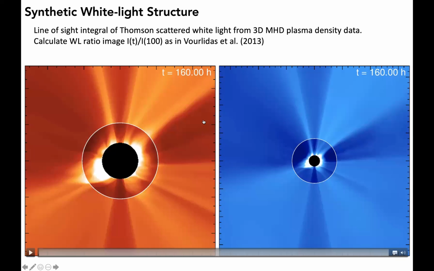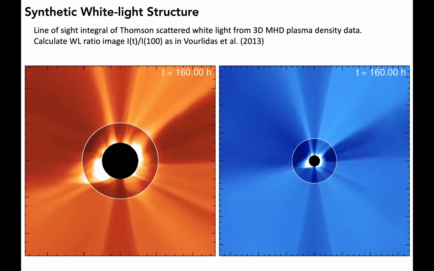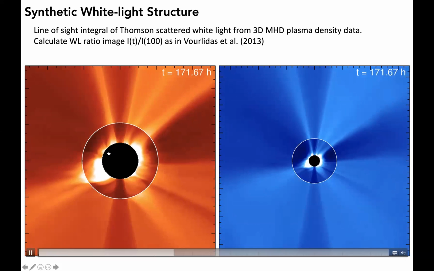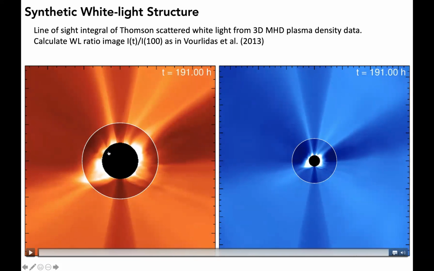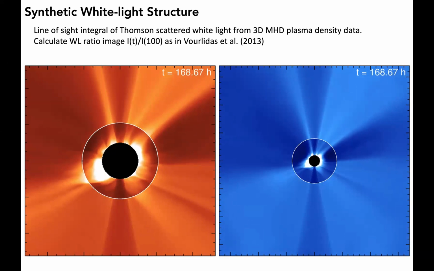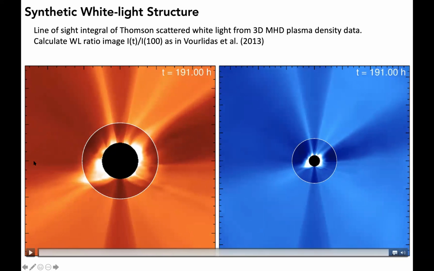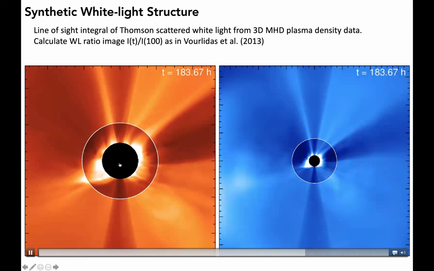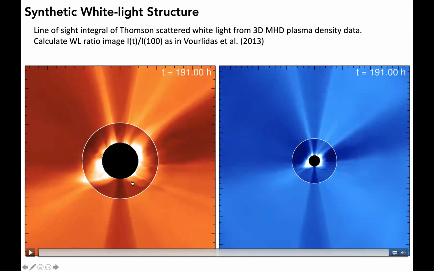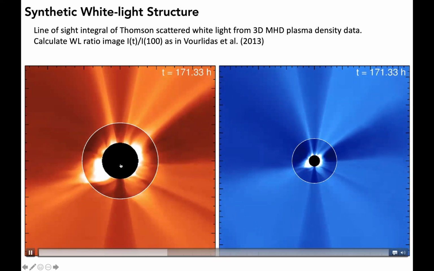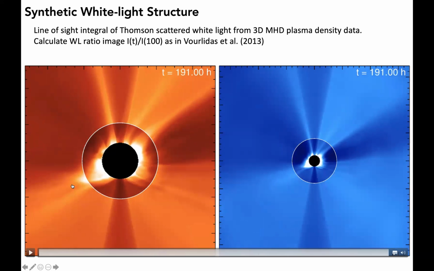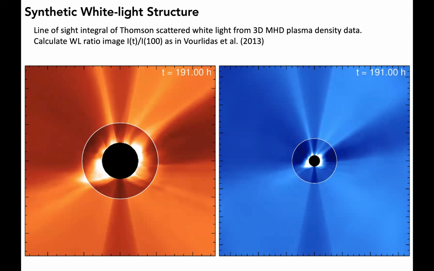So stepping back a little bit further, we've seen the synthetic white light imaging from the simulation. And so here is the eruption. And what you can see here is, again, we've got the same large scale evolutionary pattern in the simulation that reproduces basically the large scale evolutionary pattern that the observations did as well.